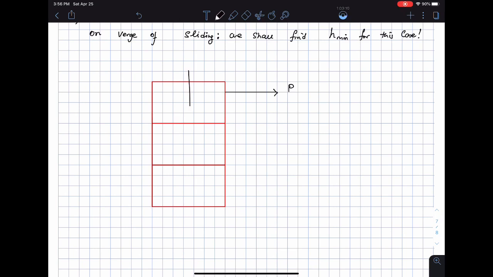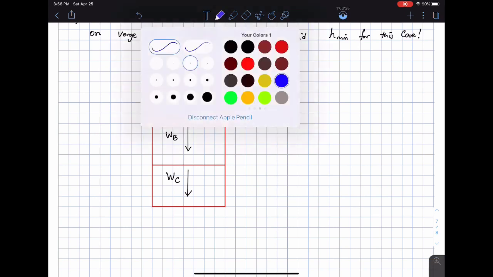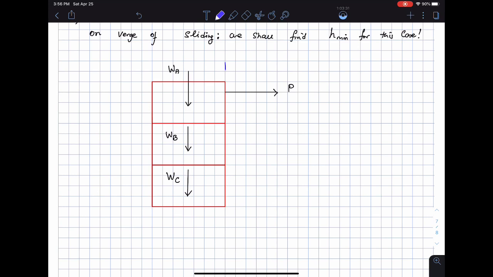This is the weight of A, then I'm going to have the weight of B acting at the center of mass of B, and the weight of C acting at the center of mass of C. So this is going to be WA, WB, and WC. And these distances are known to us. The distance from here to where the line of action of these different forces, the weights, are acting is known to us as 0.1 meters.